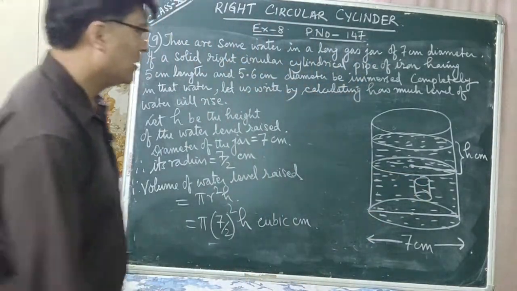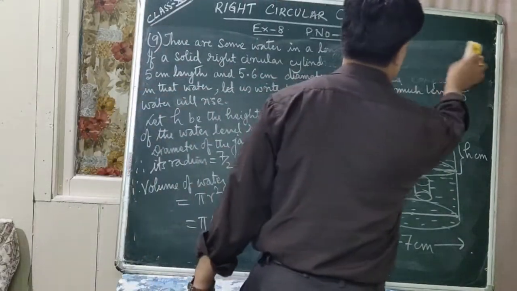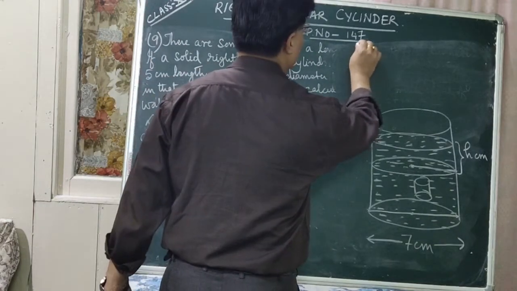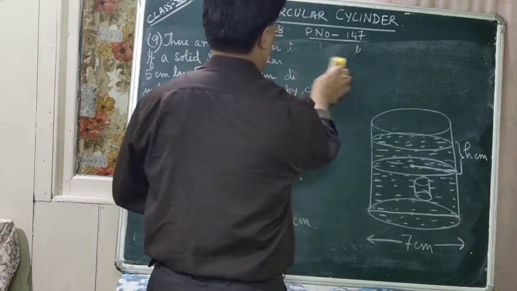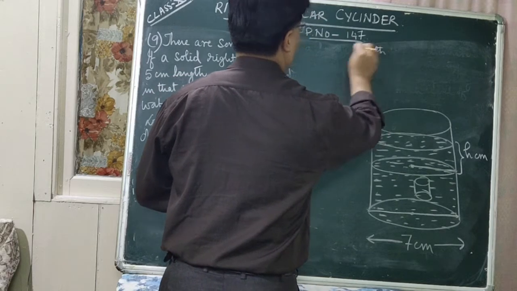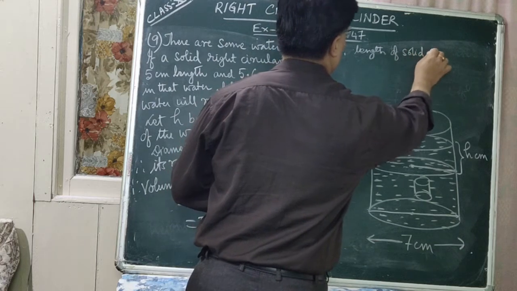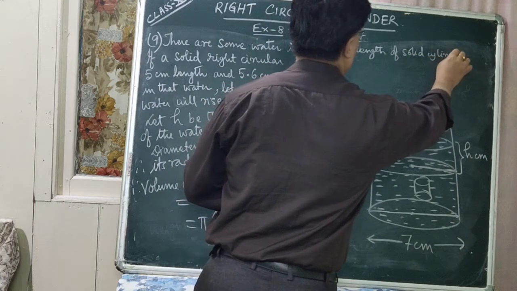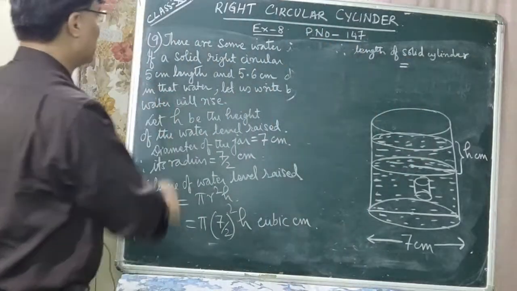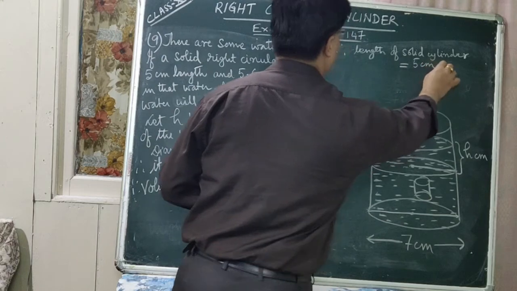So let us find it. Therefore, length of solid cylinder is equal to, how much is it? It is 5 centimeter. It is given in the question.